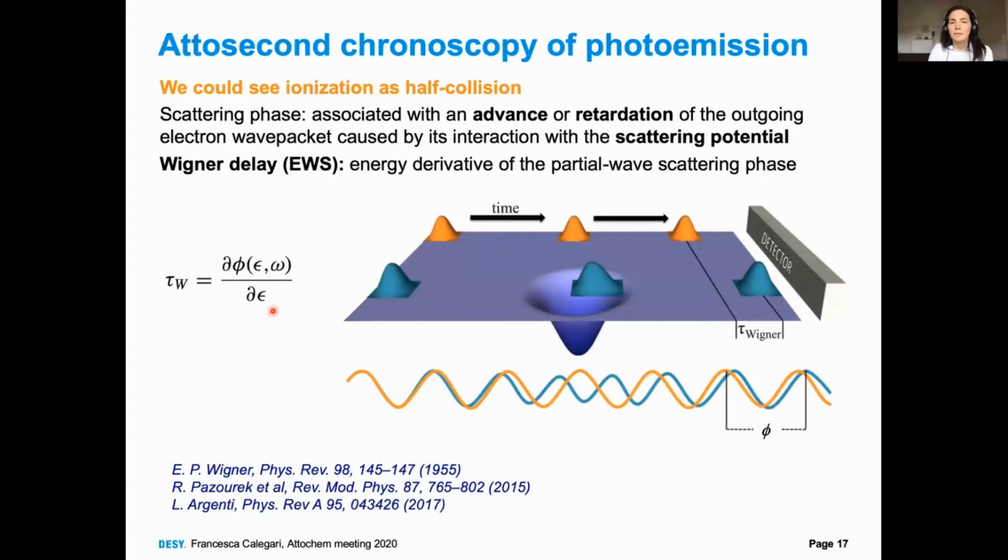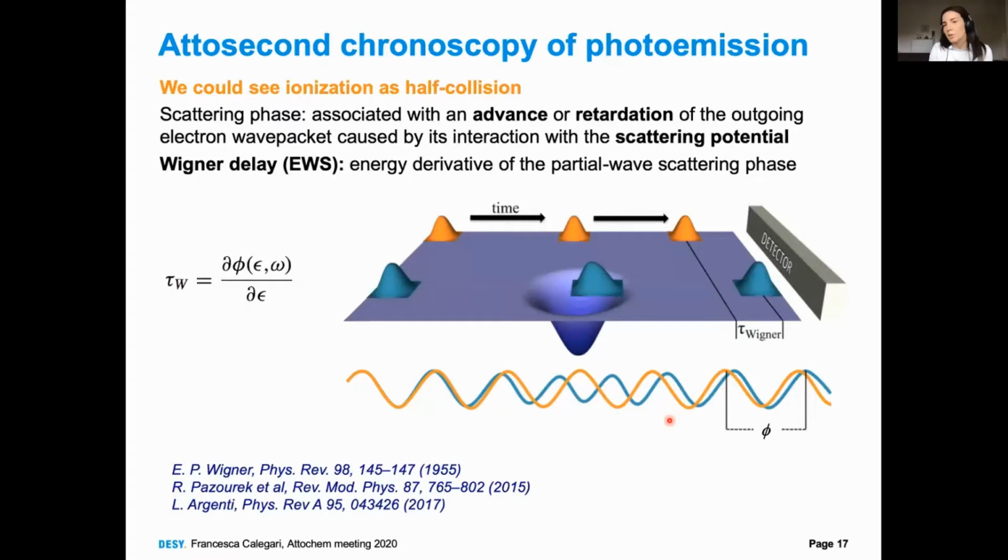And this is schematically represented here because when an electron is ionized, it is actually not ionized instantaneously, but there is a delay associated to the ionization, and this delay is called the Wigner delay, and is due to the scattering of the electron wave function in the potential.